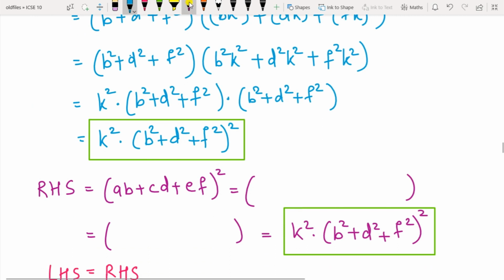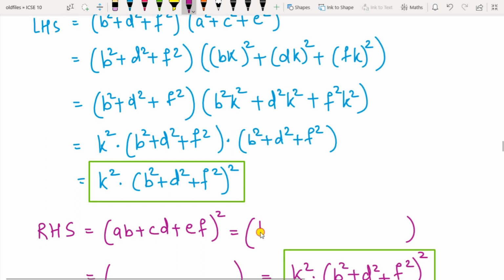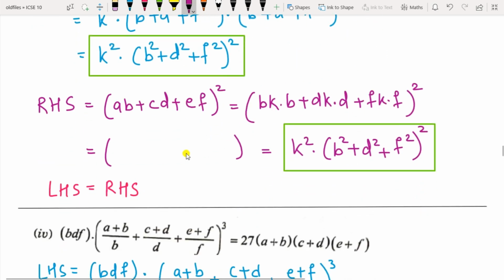Now for RHS, you can write it as, value of a, here you can see it as bk into b plus dk into d plus fk into f, the whole square. So this will be b square k plus d square k plus f square k, the whole square.